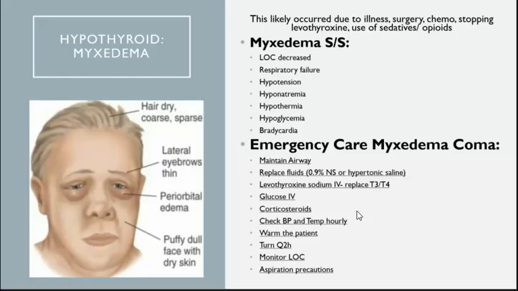Check the blood pressure and the temperature. Warm the patient. If it's a nice facility that likes to spend money, they'll have bear huggers. Turn the patient every 2 hours, monitor level of consciousness, and always have aspiration precautions, so suction and emergency trach kit at bedside.